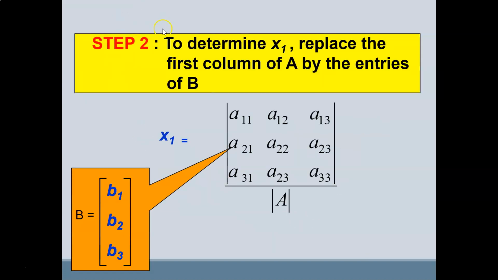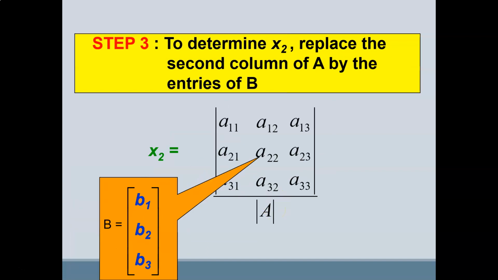The next step, to determine x1, we replace the first column of A by the entries of B. So it's no longer A11, A21, A31, it becomes B1, B2, and B3. Then you find the determinant of this and divide by the determinant of A.